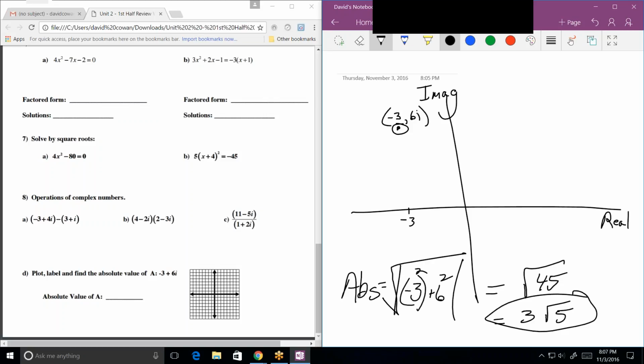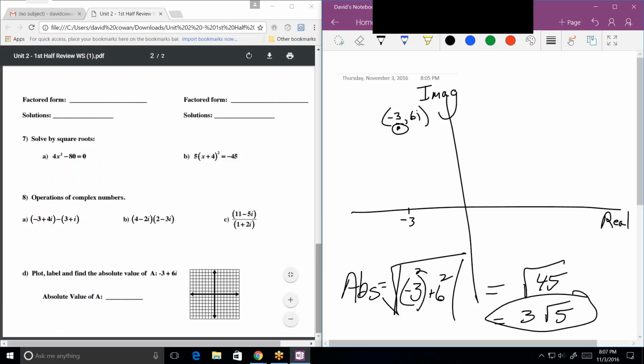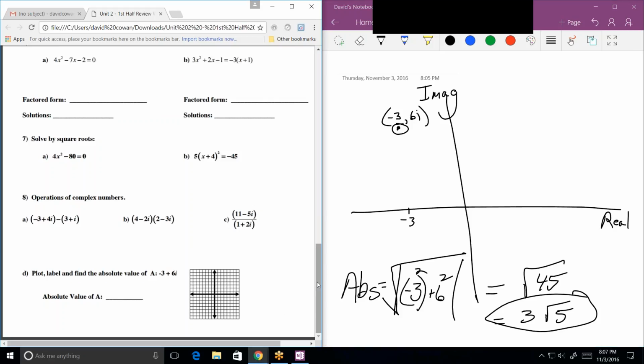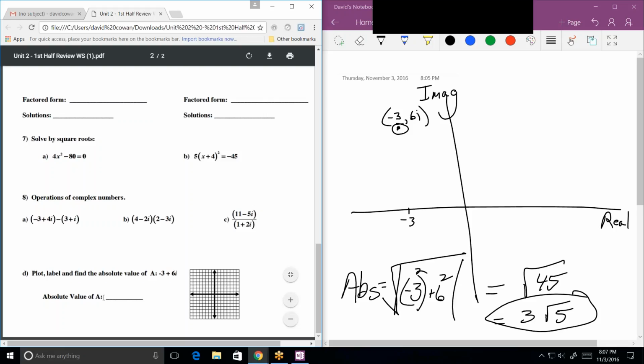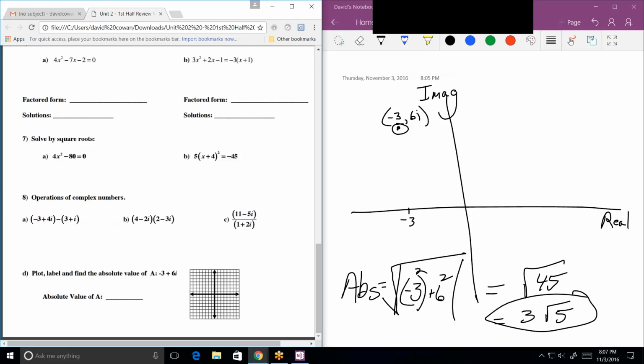So, do you have answers for this? For these? Like an absolute answer? In other words, do you know what the answers are on these? No. Okay. Because I'm 95% sure about the absolute value. And you know what? I'm 99% sure. Okay.